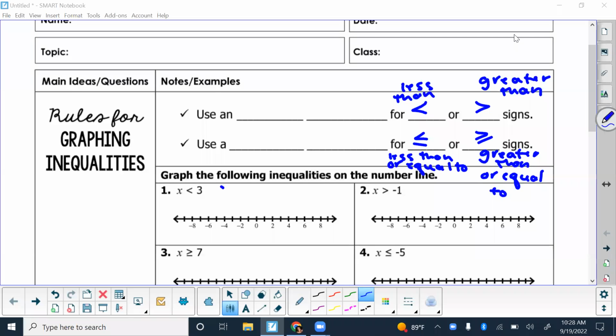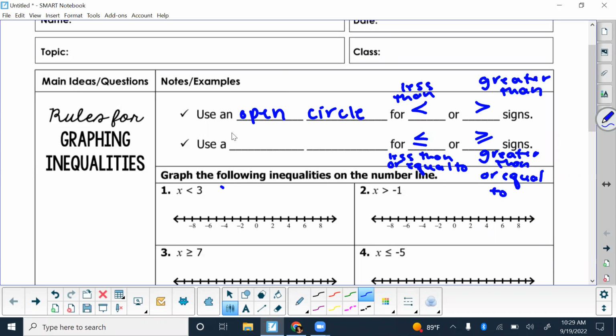So then those are our signs for inequalities, basically anything other than a regular equal sign. When we're talking about graphing inequalities, we're going to use an open circle for less than or greater than.